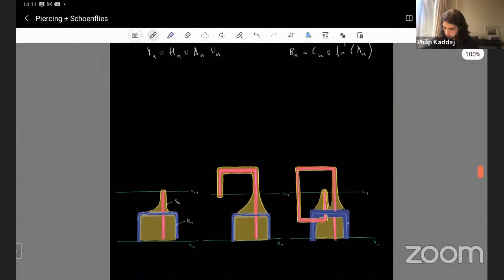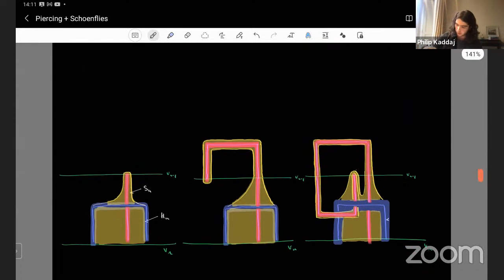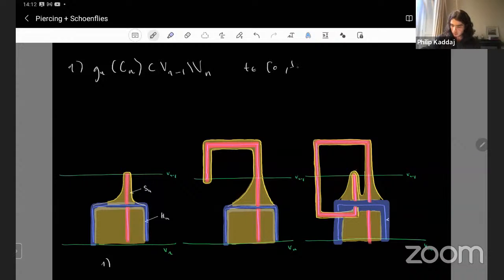So the idea is to have the following conditions. So this is condition number 1 when we take it back. We would like Gt of Cn to be a subset of Vn minus 1 minus Vn, for example for t in 0.